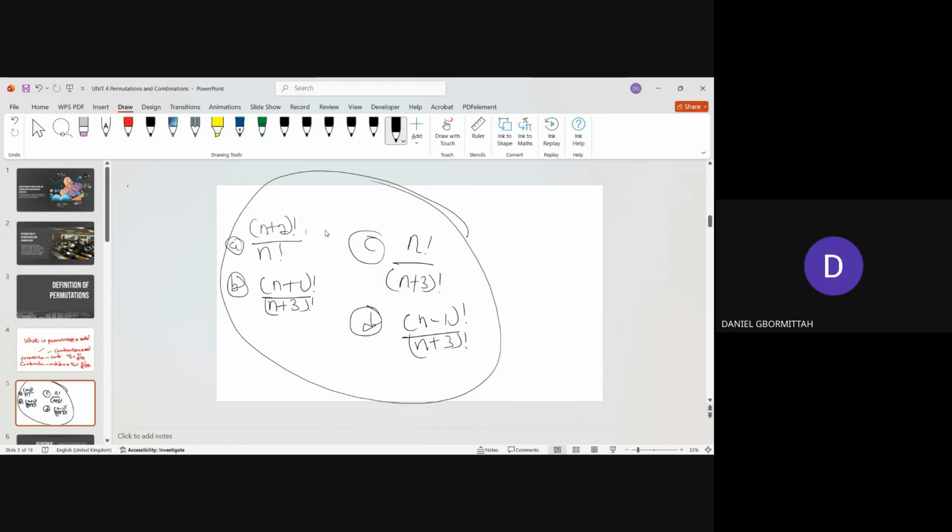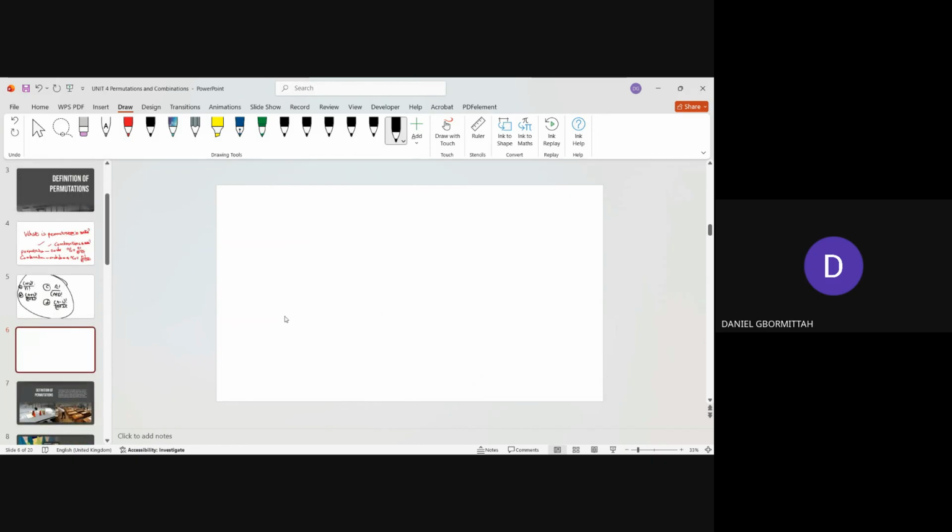Remember, when we have 5 factorial, it is the same as 5 times 4 times 3 times 2 times 1, times 0 factorial. But 0 factorial is the same as what? 1.